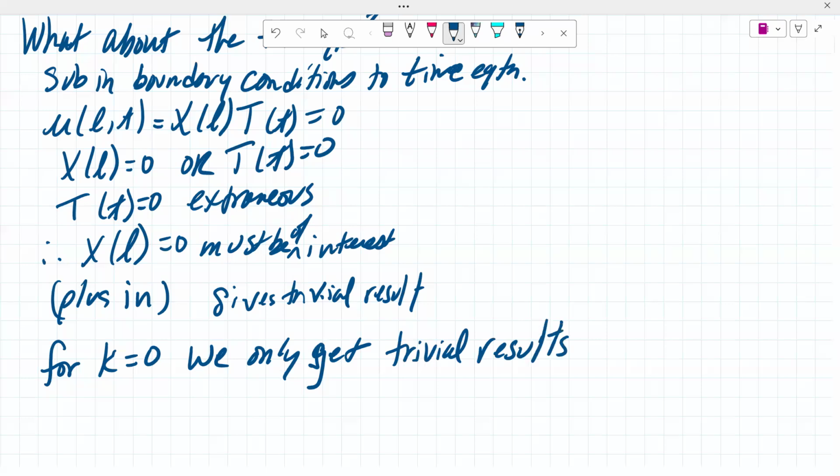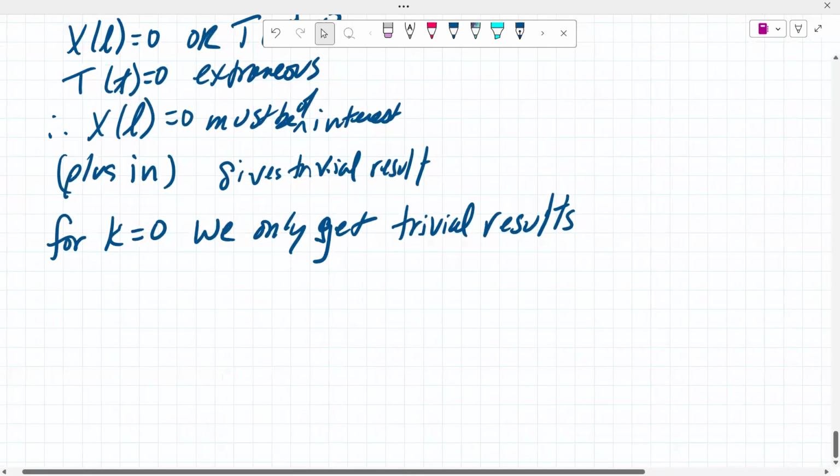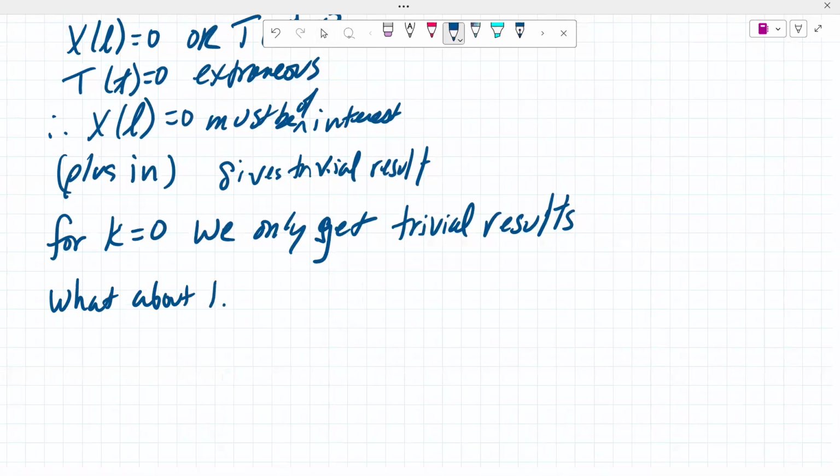But remember that we also have k less than 0 and k greater than 0. All right, so I think this is where we're going to pause on our math discussions for today.